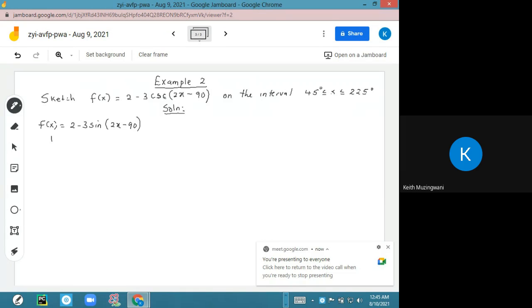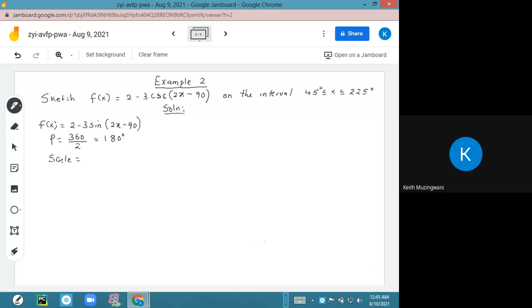So we write it as sine. And what is the period of sine? We've agreed it's 360 over b. What is b in this case? It is 2. So the period is 180 degrees. Then get the scale. The scale is the period divided by 4.